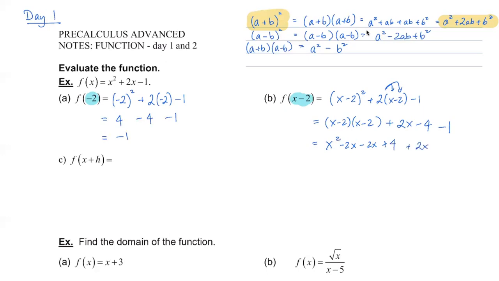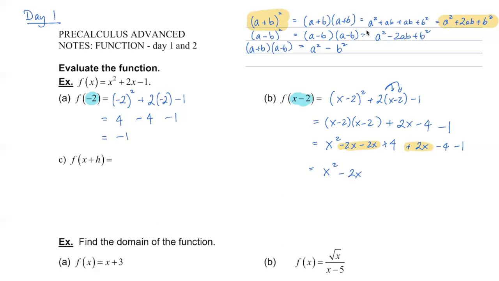Plus 2x minus 4 minus 1. We can see some like terms right here, so we should combine them. Actually, we should combine this one too. So we have x squared minus 2x.